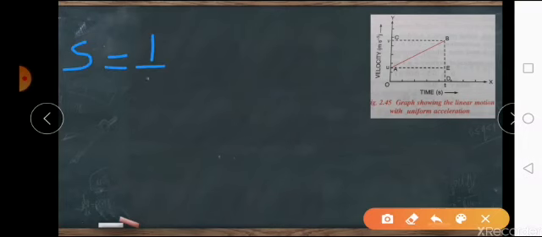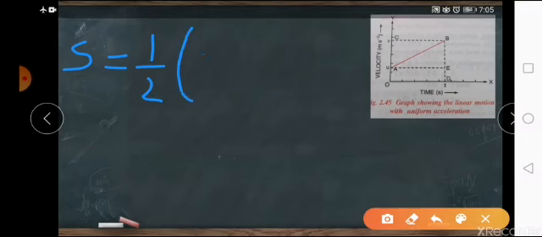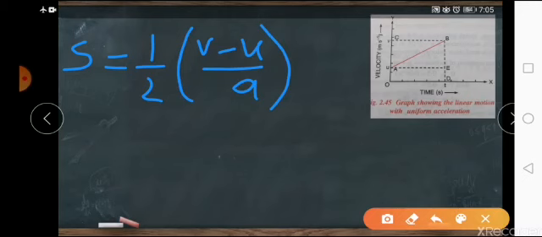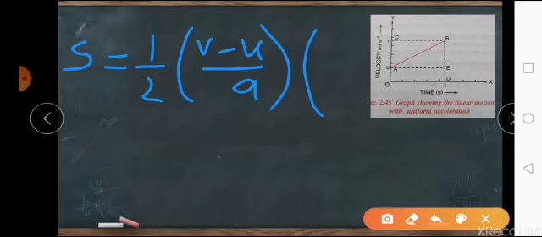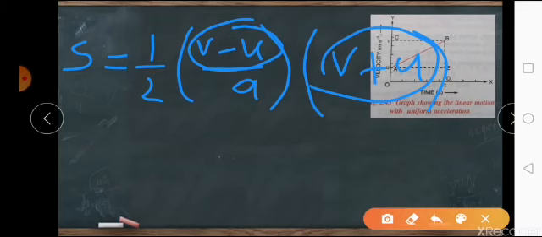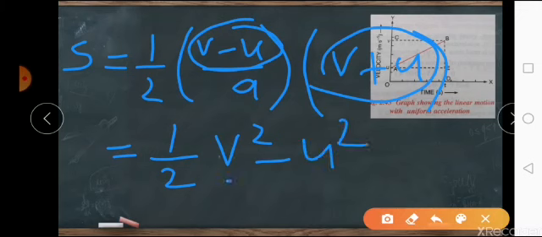Now when you replace it, what will you get? S is equal to half. Instead of time T, you will have V minus U by A into sum of two sides, which is V plus U. This was what we got, right? Now this is of the form A plus B into A minus B. So you can write it as half into V square minus U square by A. Got it?